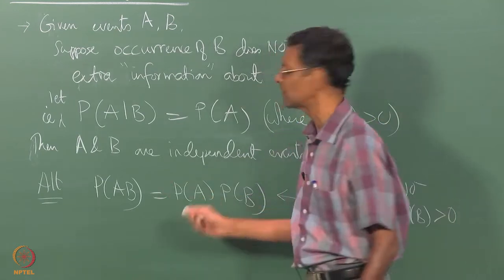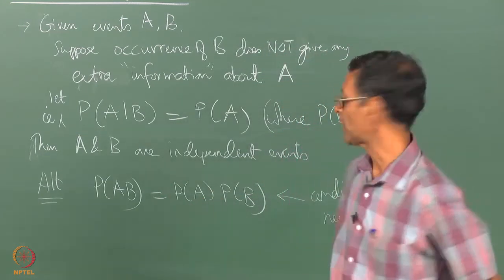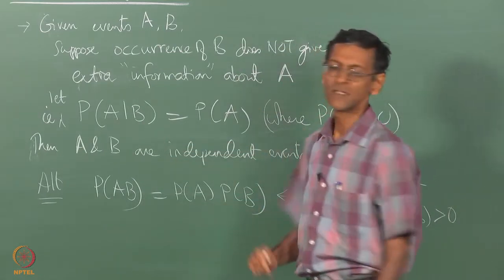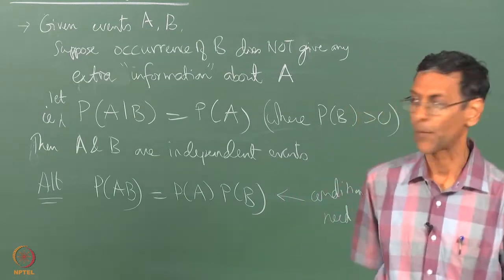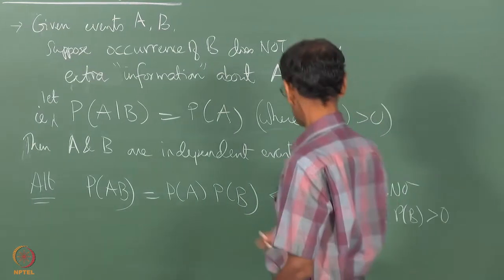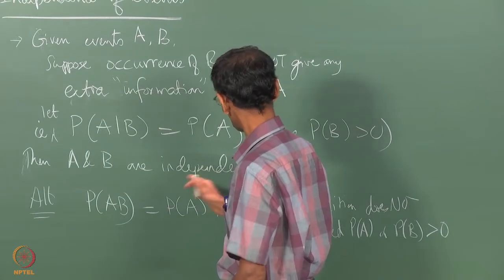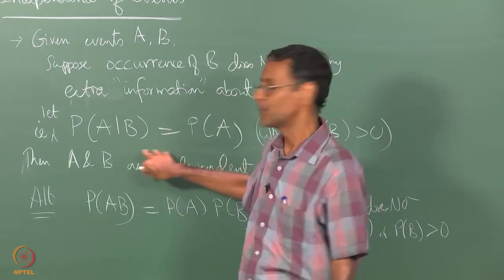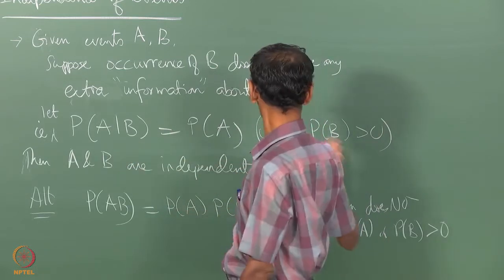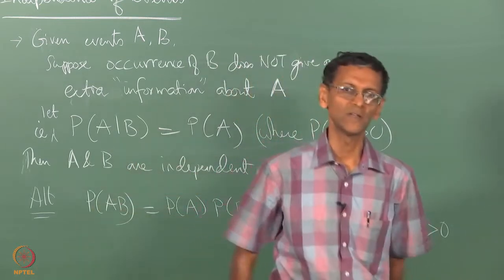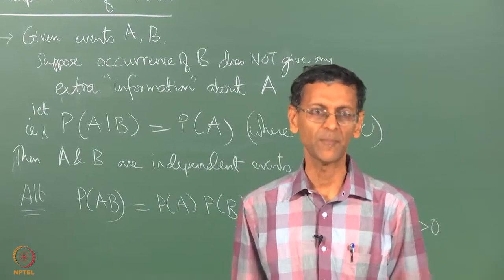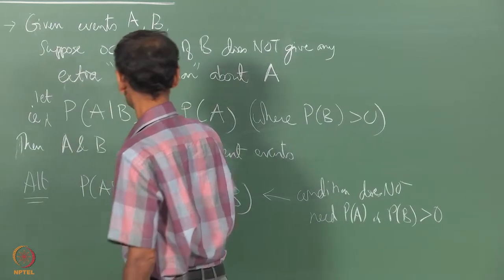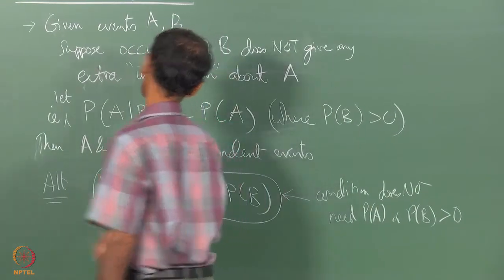It works even if P of A or P of B is 0, which is why you cannot write the other form; that is okay only as long as the conditioning event has non-zero probability. These two are equivalent when P of B is non-zero, that is obvious because of the definition of P of A given B as P of AB by P of B. So you do not have to remember this, it is enough to remember this.